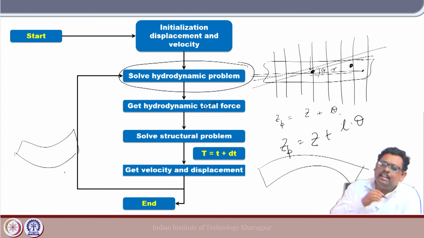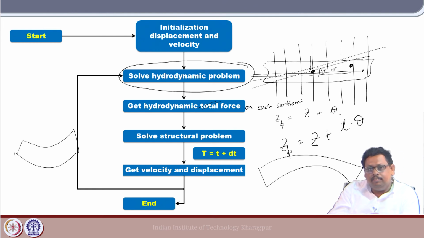Therefore, to get it I must have the hydrodynamic force on each section, the total hydrodynamic force on each section. So, this is the input for me to solve the structural problem.